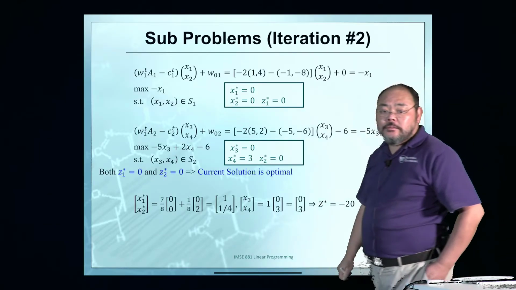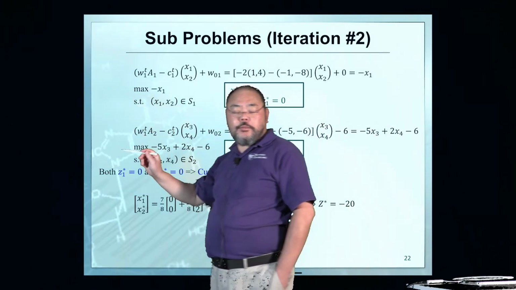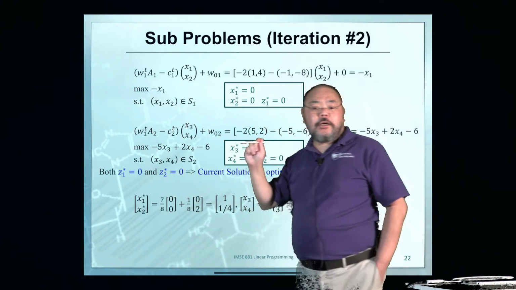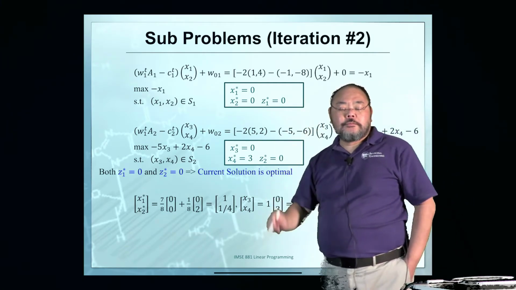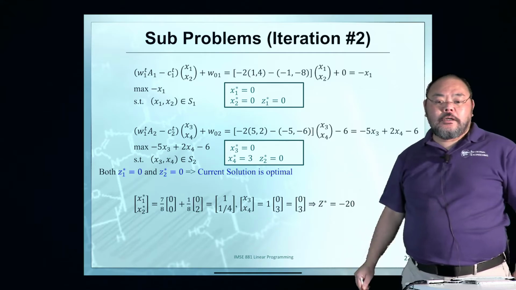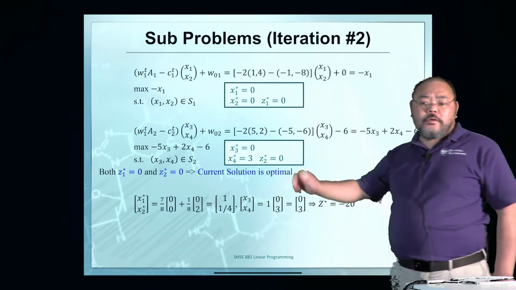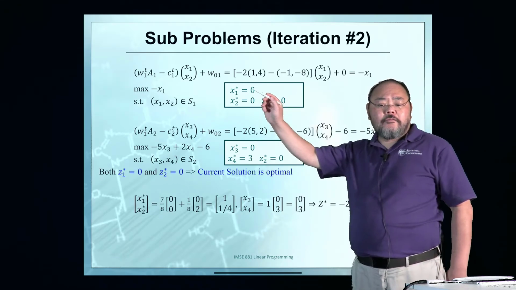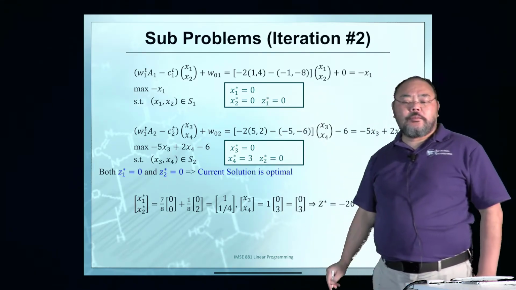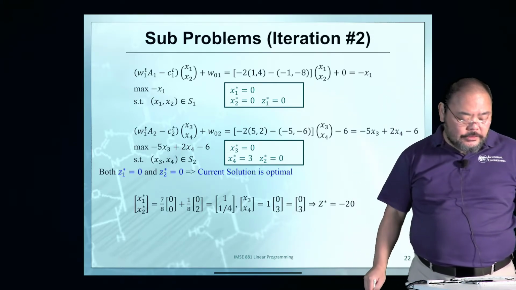So we can resolve the subproblems SP1 and SP2 again, okay, using the current solution of omega 1 and omega naught. And for subproblem 1, I have 0, 0 to begin with, x1, x2 on the second iteration.